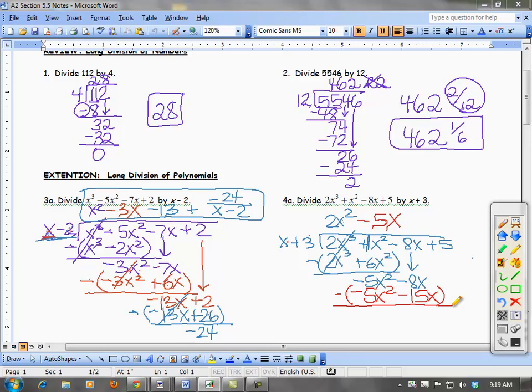All right, negative 5 minus negative 5 goes away. Negative 8 minus a negative, so that means plus 15 is 7x, and then we drop the 5. The hardest part about the long division, truthfully, is the addition and subtraction mistakes that we could potentially make.